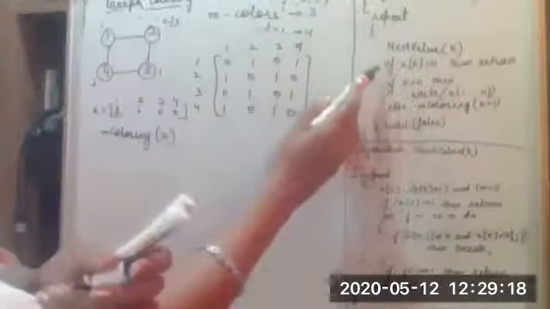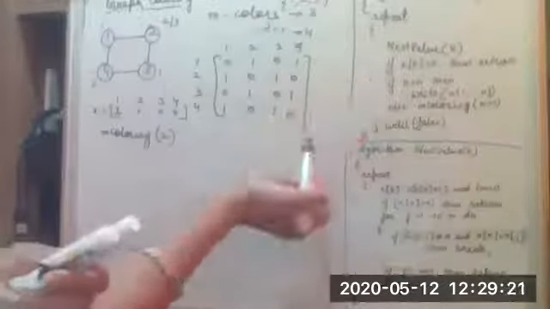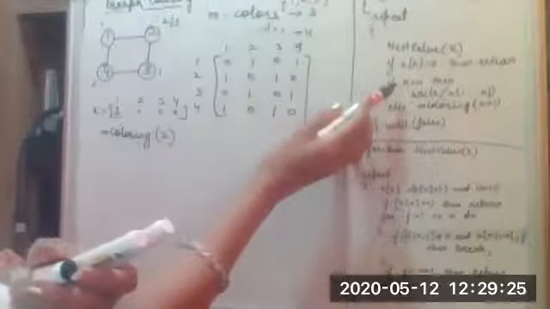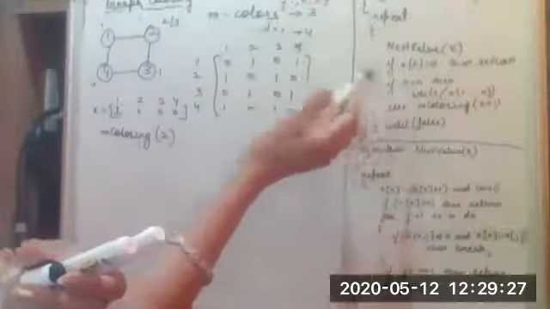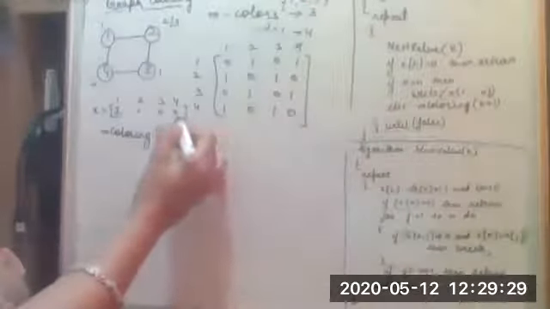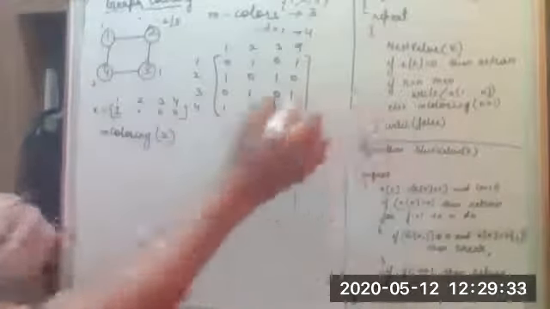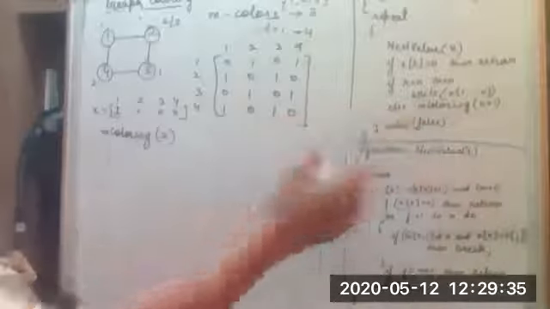If it has assigned some value, in our case either 1, 2 or 3, then we check if k is equal to n, that means it is the last vertex to which we are assigning the color, then we write the solution, else we'll move on to the next.